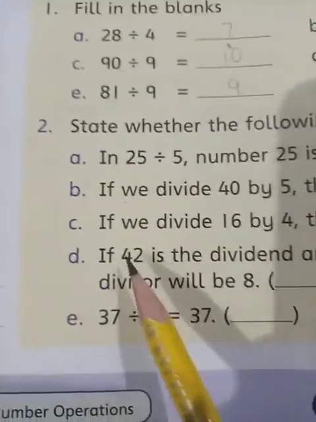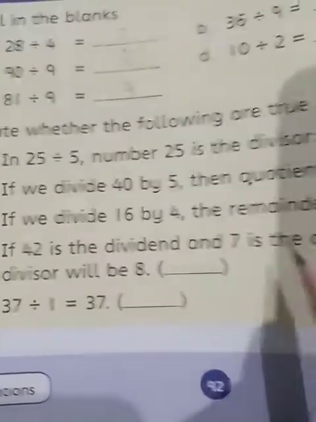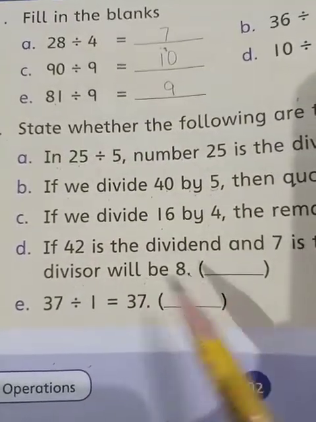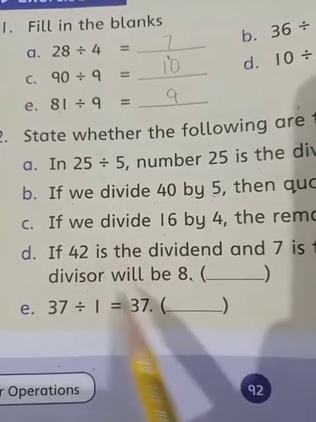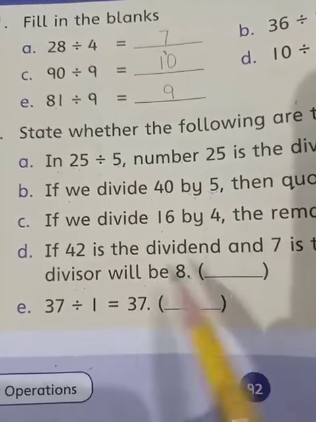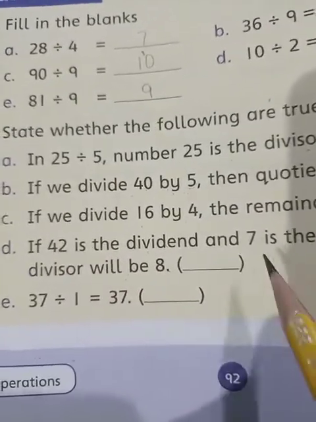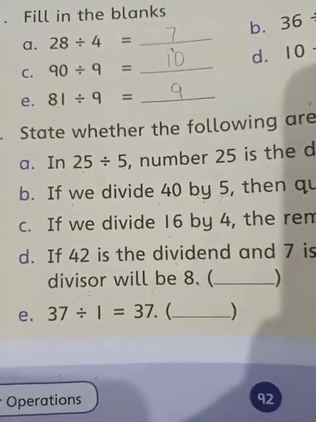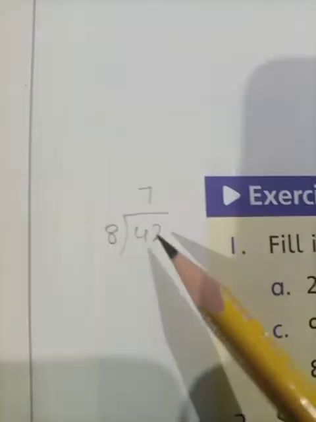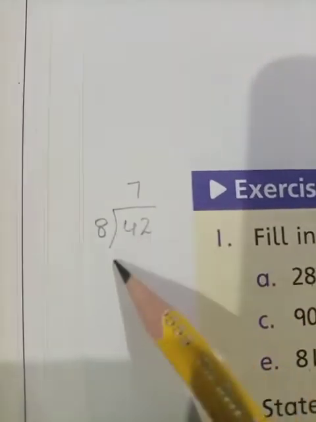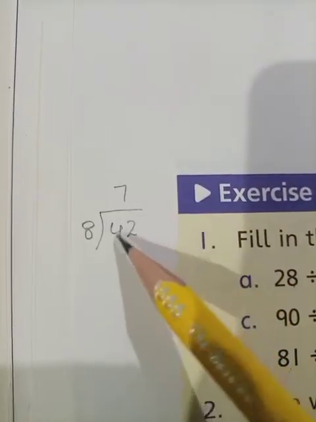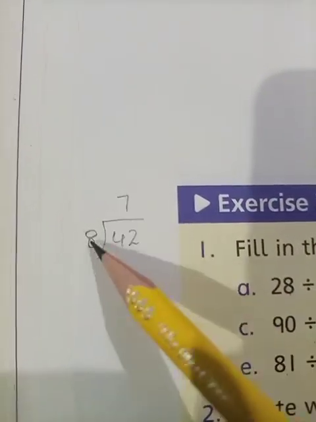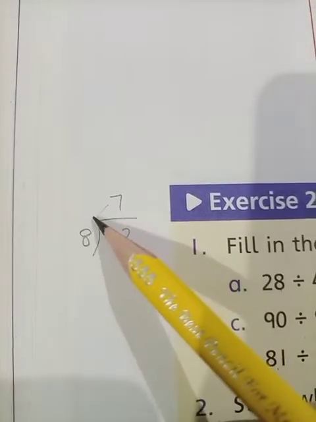Next is D. If 42 is the dividend and 7 is the quotient, then the divisor will be 8. He is giving us the dividend, divisor and the quotient. So let's divide it. Look at this. Here are our dividend, divisor and quotient.